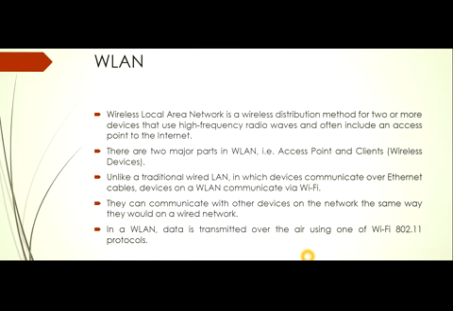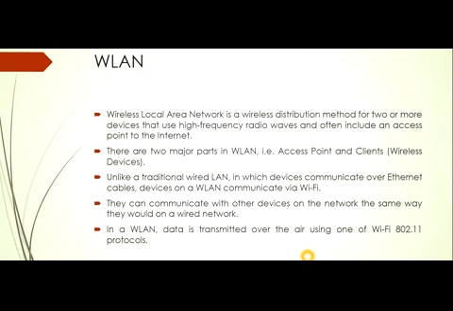Unlike a traditional wired network in which devices communicate over Ethernet cables, devices on a WLAN communicate via Wi-Fi. They can communicate with other devices on the network the same way they would on a wired network. In a WLAN, data is transmitted over the air using one of the Wi-Fi 802.11 protocols.